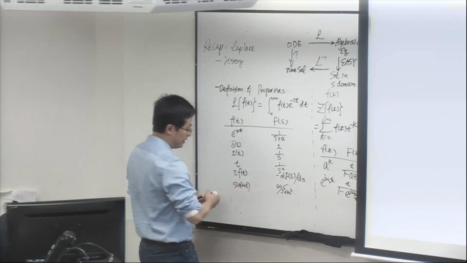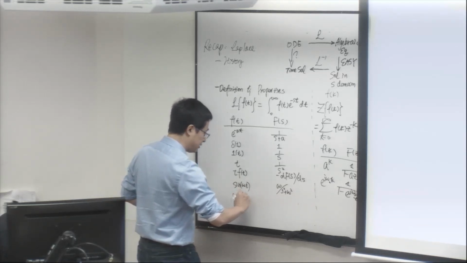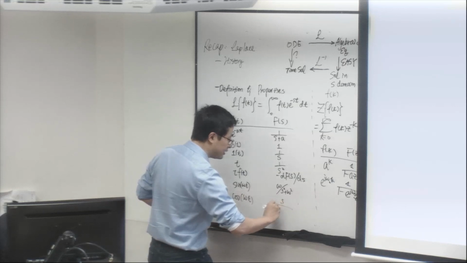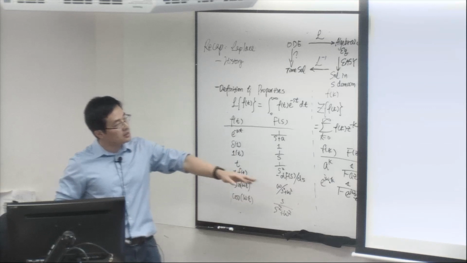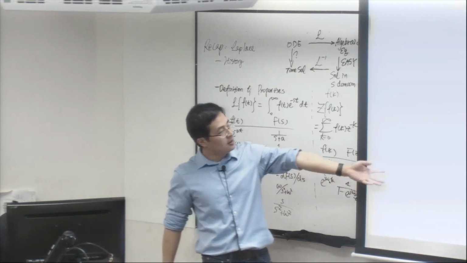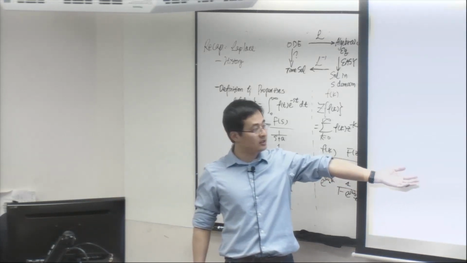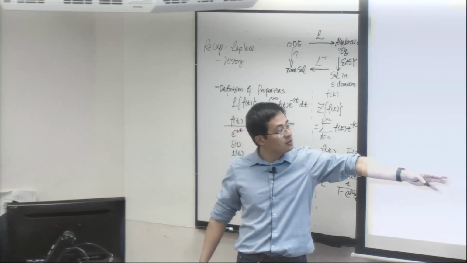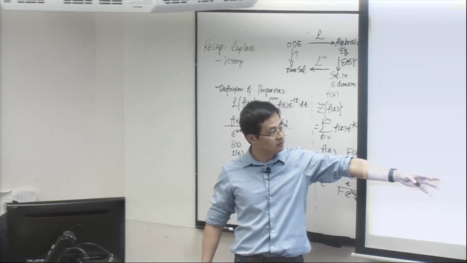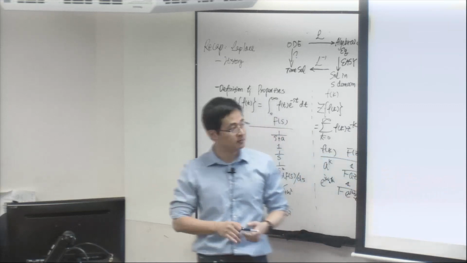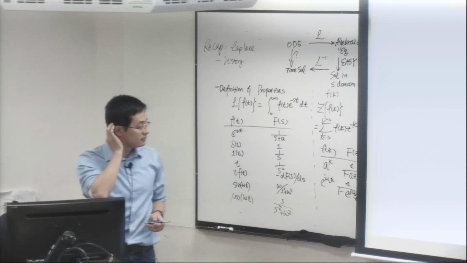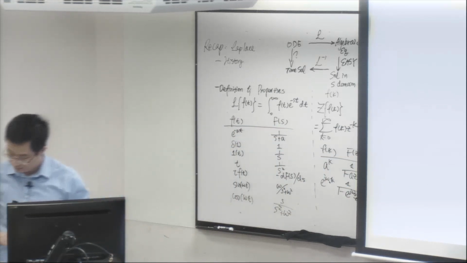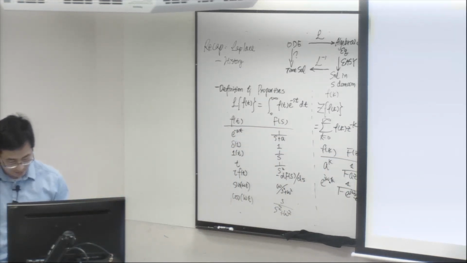Cosine is going to be s over s squared plus omega squared. The result here is telling us in the discrete time case, if you have a discrete cosine sequence, it is also a second order function of z in the Z domain. Any questions for this exercise?